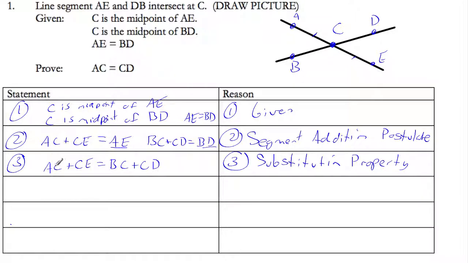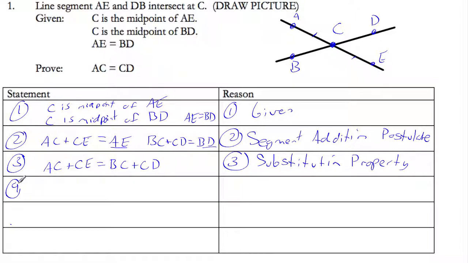Okay. Now we want to get to AC is equal to CD. So how do we prove that? Well, we know that AC plus CE is equal to AE.